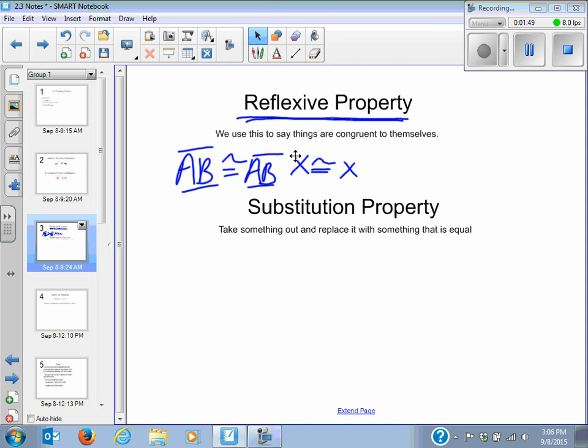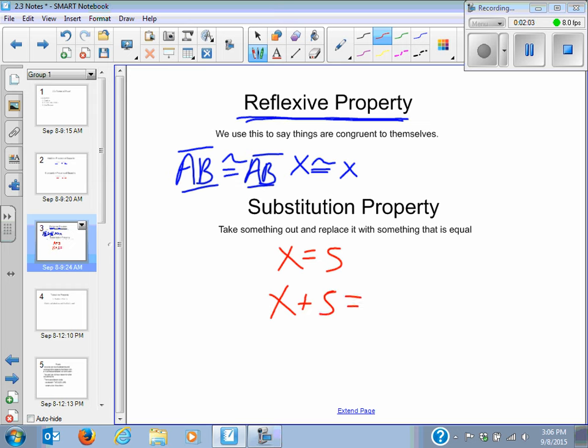All right. Substitution property is when you take something out and replace it with something that is equal. You've done this again for a long time. If I say above that x equals 5 and I say x plus 5 equals, and then you take out the x and you put a 5 plus 5, you changing this x into a 5 have done substitution.